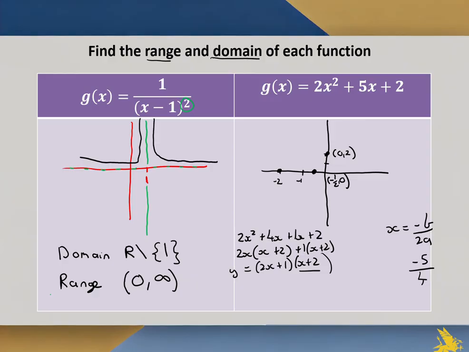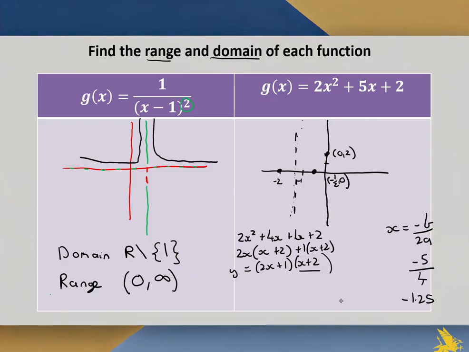So negative 5 over 4 is negative 1.25. That will be approximately somewhere here, a dotted line. So that will be the axis of symmetry, which is smack bang right in the middle. So now I just need to find out where that is going to be. So I'm just going to be plugging that value into the calculator for x to find out my y value.